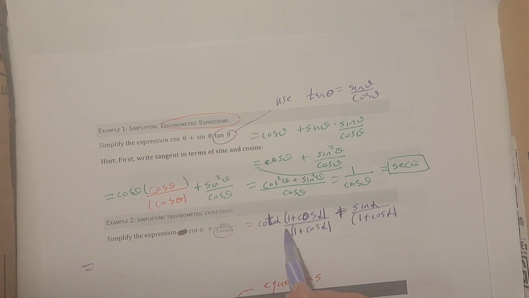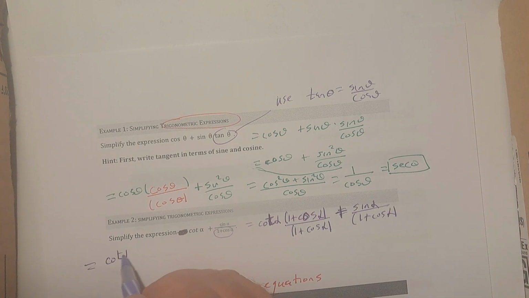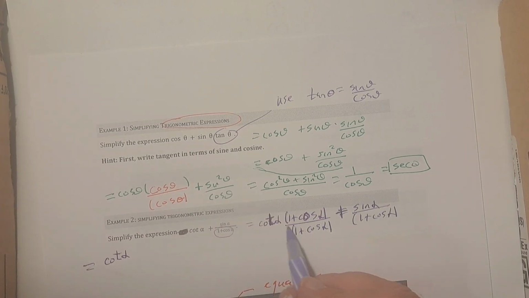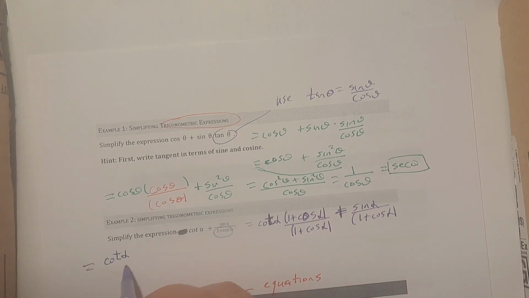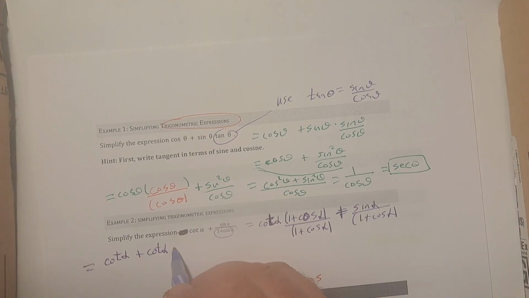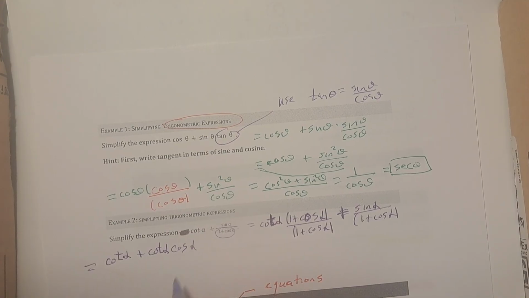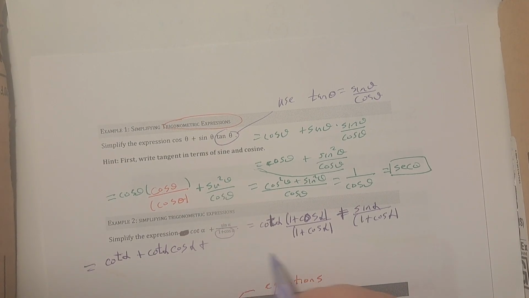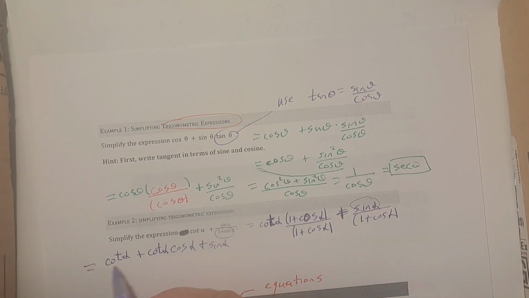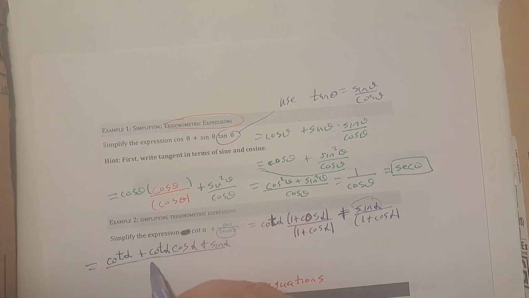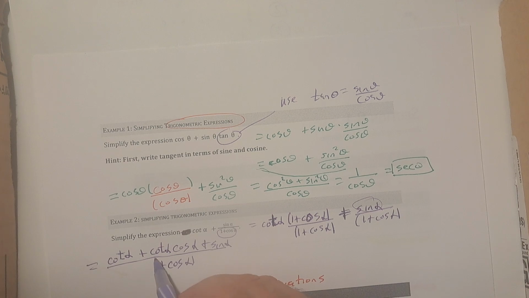Okay, so now you can put the numerators together. You get cotangent alpha when you go this times this, and then cotangent alpha times cosine of alpha. You still have a sine of alpha, and then you have this common denominator of 1 plus cosine of alpha.